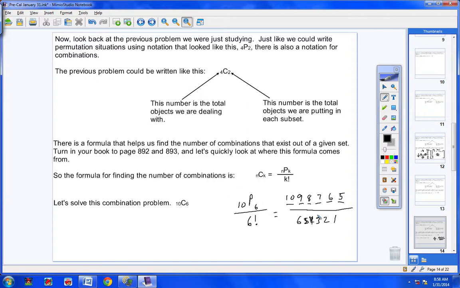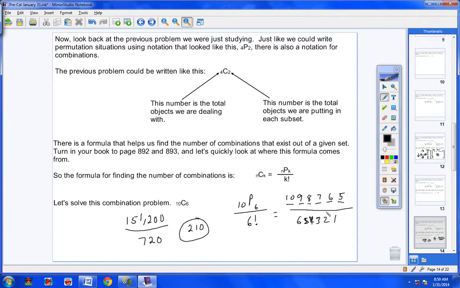So 10 times 9 times 8 times 7 times 6 times 5 would give me 151,200, and we would divide that by 6 factorial. And that's 720. So 151,200 divided by 720 would be 210.